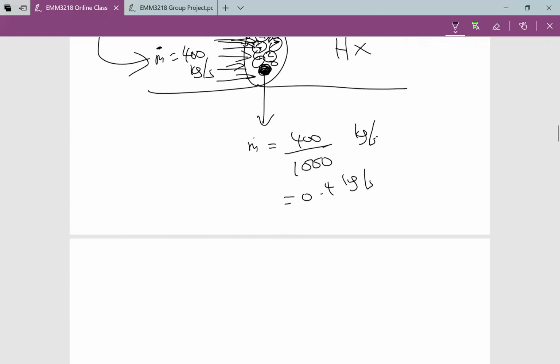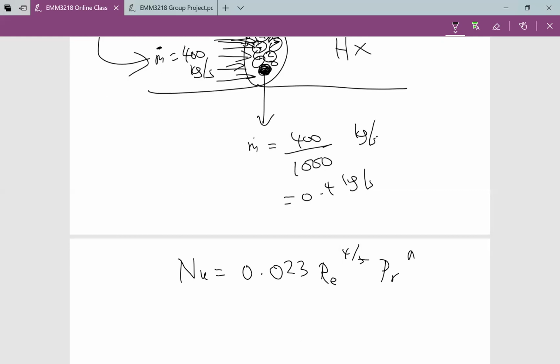Are you following me? The Nusselt number according to the table for turbulent flow is 0.023 times Reynolds number to the power 4/5 times Prandtl number to the power n. What does it say about n? n equals 0.4 for T surface greater than T infinity, and the opposite is n equals 0.3.